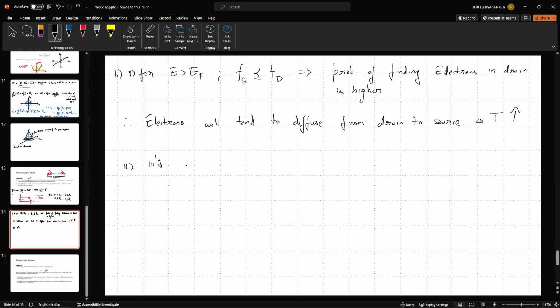Similarly, holes will diffuse, I shouldn't say drift, I should say diffuse, from source to drain as temperature increases.